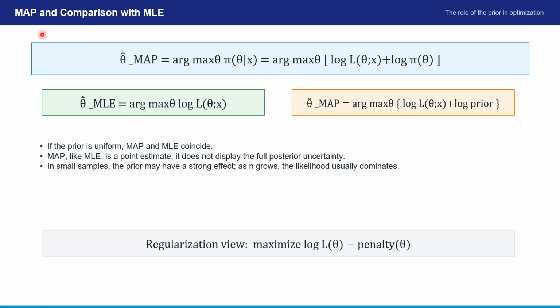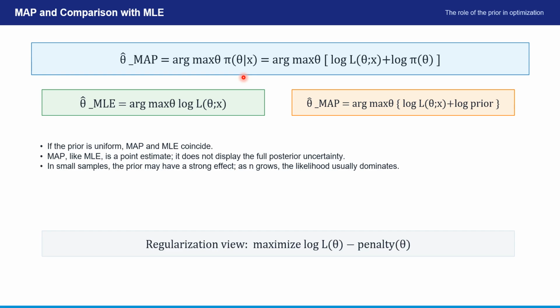MAP means maximum a posteriori estimation. It chooses the value of theta that maximizes the posterior distribution. The formula is theta hat MAP equals argmax over theta of pi of theta given x.